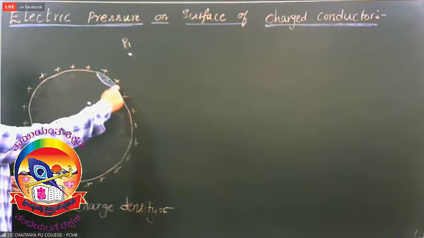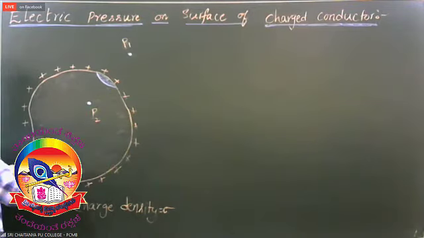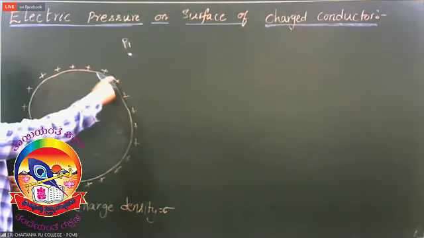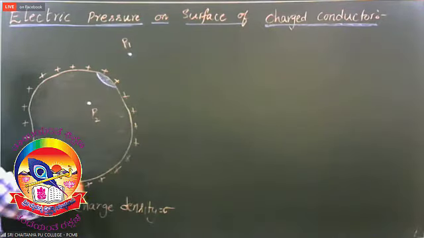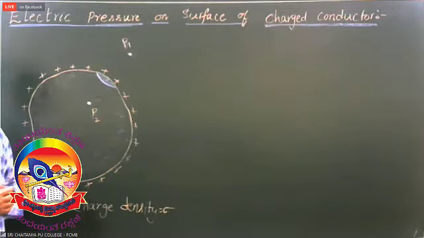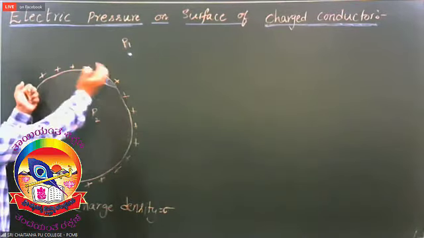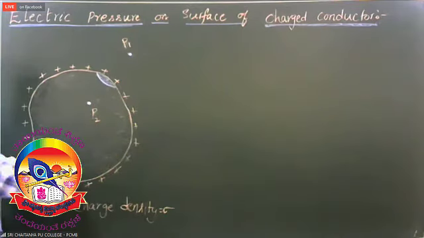When a charge is given to the conductor, that charge uniformly distributes on the surface of the conductor, that we know. Once this charge is distributed, what happens to the conductor?